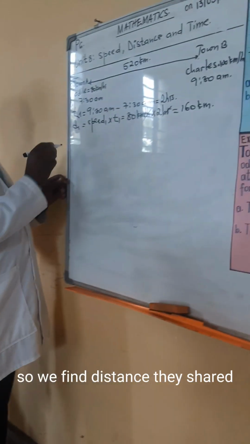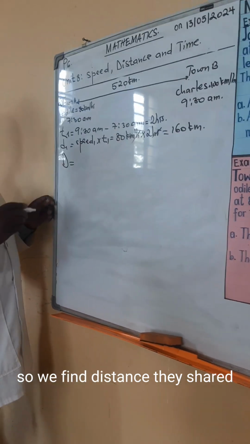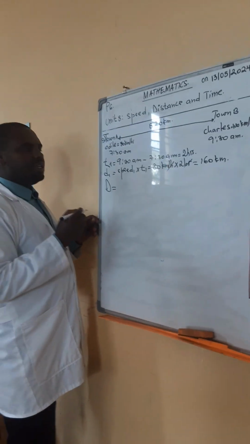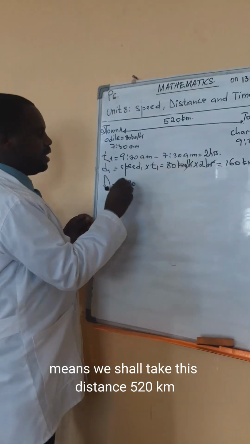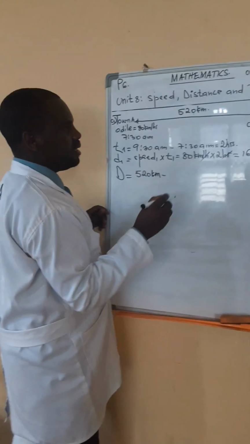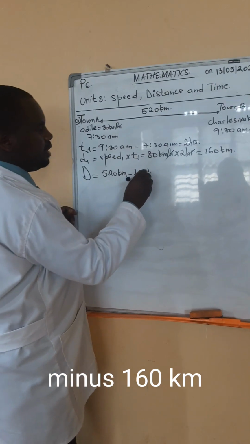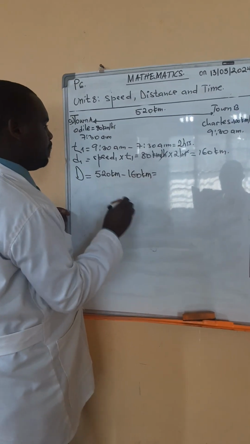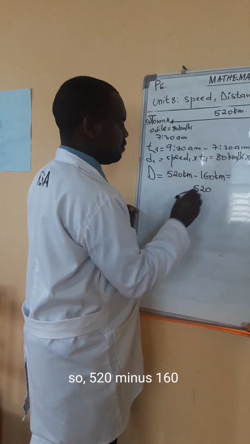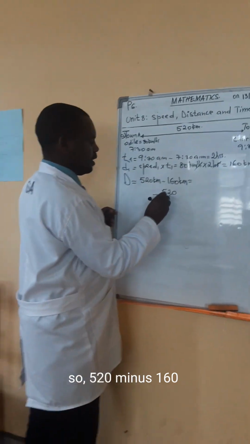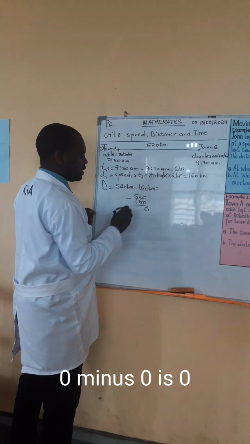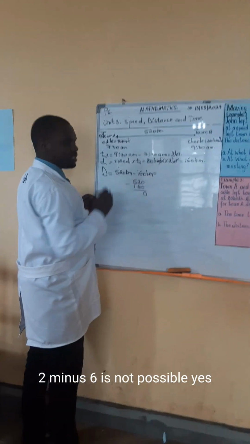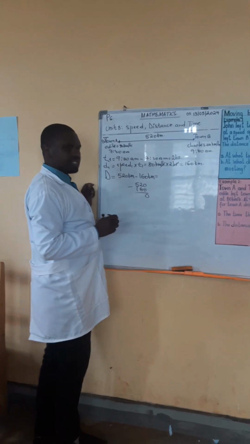So we find the distance they shared. It means we shall take this distance, 520 kilometers, minus 160 kilometers. So 0 minus 0 is 0. 2 minus 6 is not possible, yes.